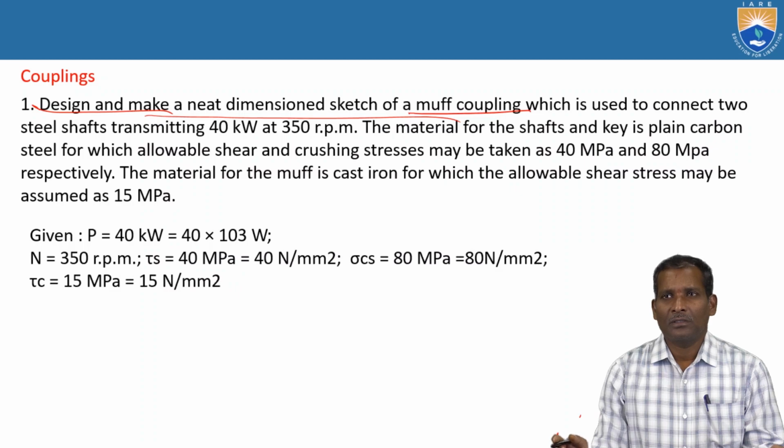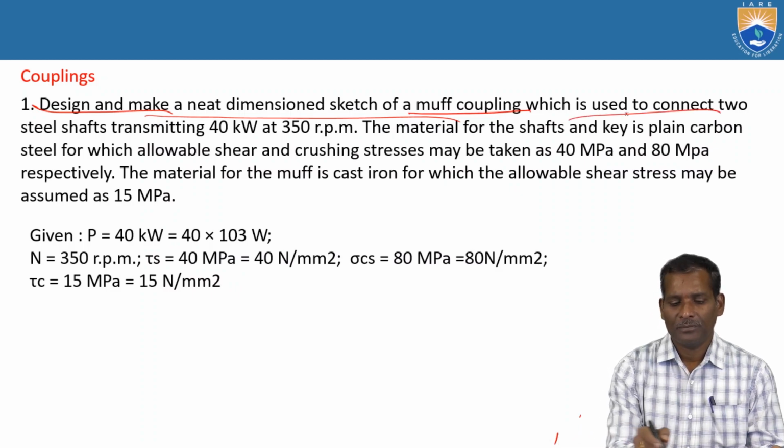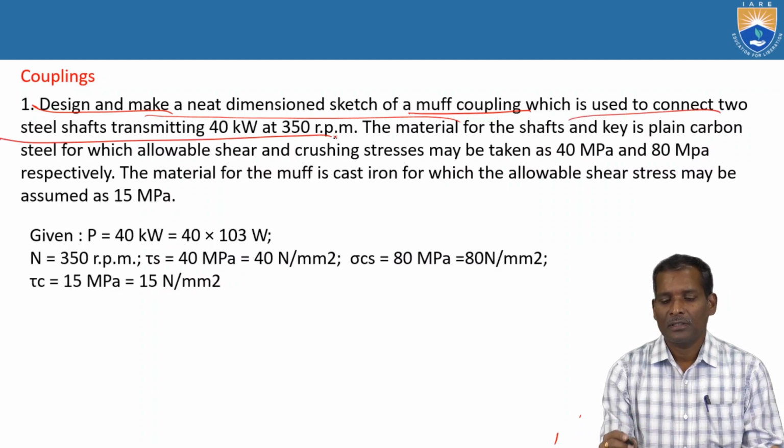This is used to connect two steel shafts transmitting 40 kilowatts at 350 rpm. So the given power is 40 kilowatts and N is equal to 350 rpm. The material for the shafts and key is plain carbon steel.